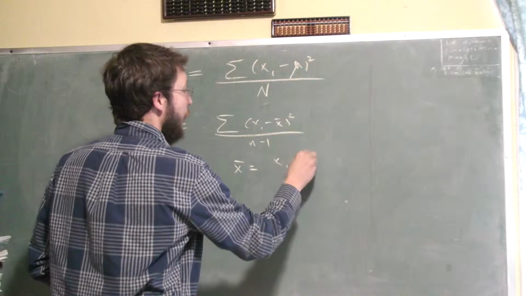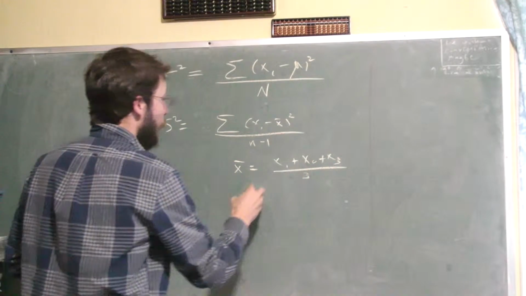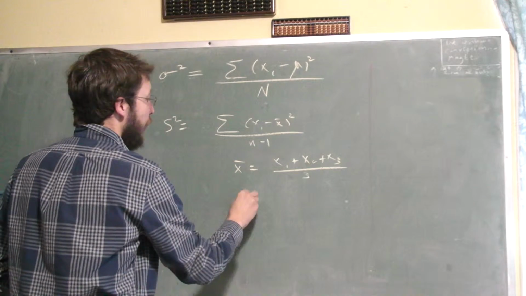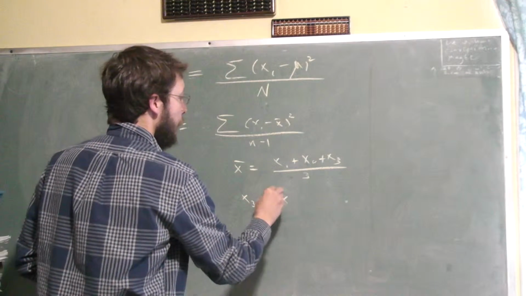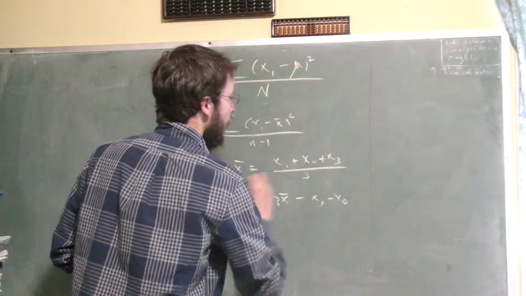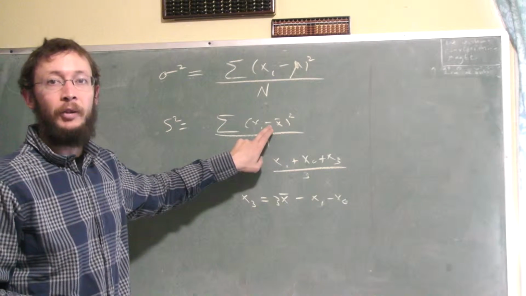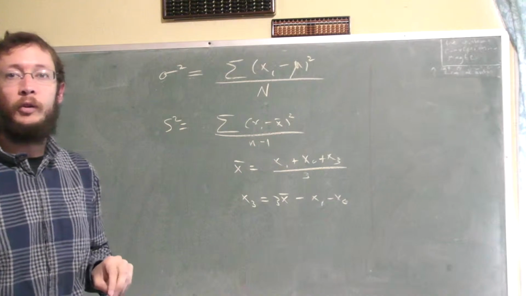In the previous video we had 3 values. And so we got a relationship between the variables, that x3 was really the same as 3x bar minus x1 minus x2. And so instead of having 3 free variables that we're averaging over, we're really only averaging over 2.